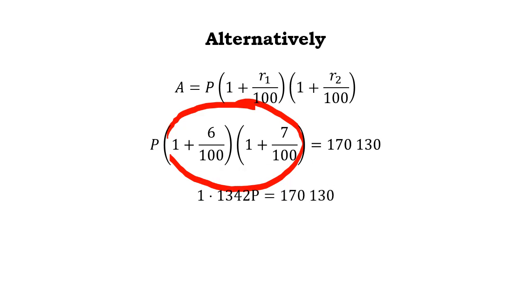So you multiply by p, so 1.1342p is equal to 170,130. So what is p? You divide all through by 1.1342 to give you 150,000. So this is the amount of money that Asha invested in the financial institution. So that's it for this question.